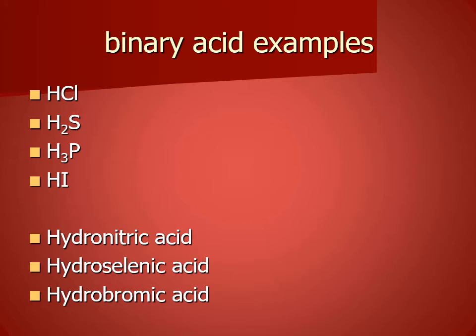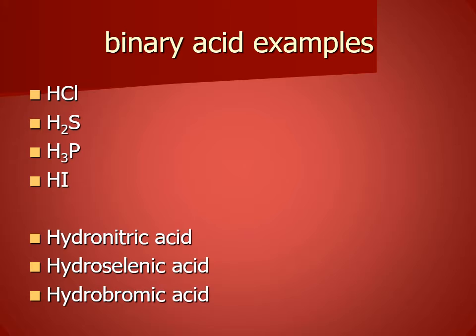So, chloric, sulfuric, phosphoric, iodic, right? And then tack on the word acid at the very end. So hydrochloric acid, hydrosulfuric acid. For some reason, they stuck the UR back in there. They didn't call it hydrosulfic. They call it hydrosulfuric. A little bit confusing, but once you get comfortable with it, that's the way it is.